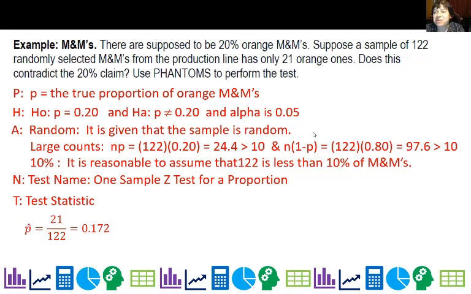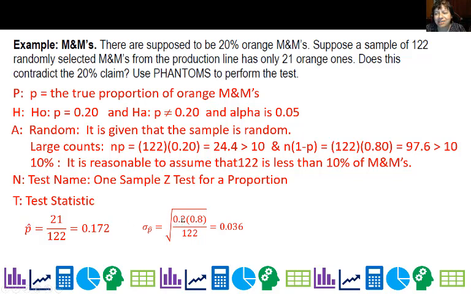which is 0.172. Now there's a really easy mistake if you do it in this order. If you do p-hat and then you're like, oh, let me do sigma p-hat, well, technically we're supposed to use the hypothesized value here. Don't use the 0.172. That's tempting. And the thing is when you're doing confidence intervals, you don't have a hypothesized value, right? So you've got to use the 0.172.